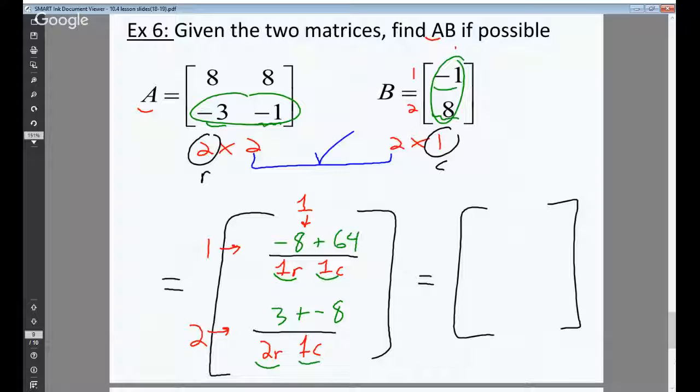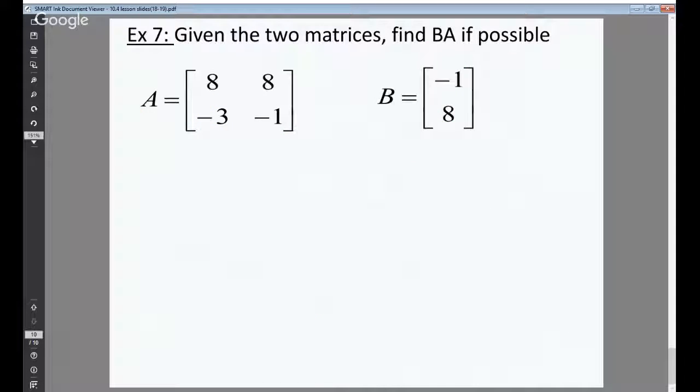So then, adding the numbers, -8 plus 64 should give you 56, and then 3 plus -8 should give you -5. And there you go. There's your matrix, all done. One more, and then we are done.